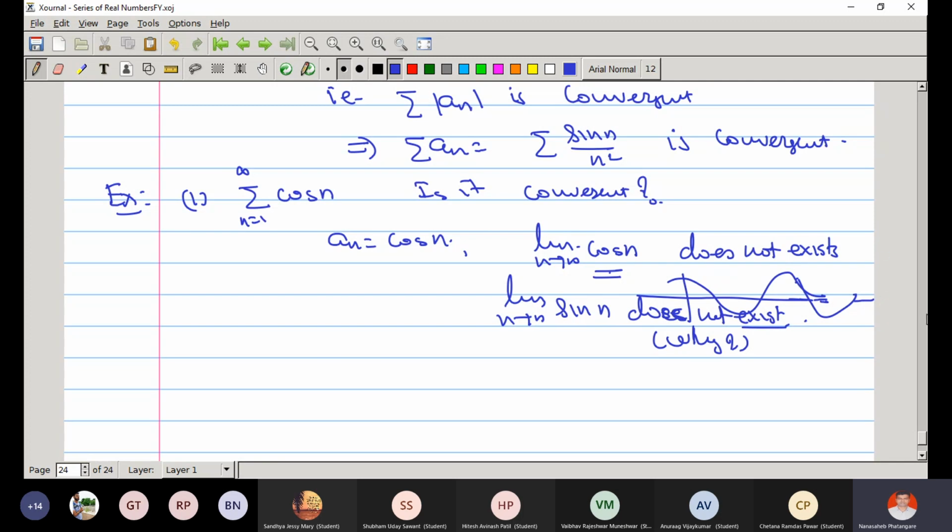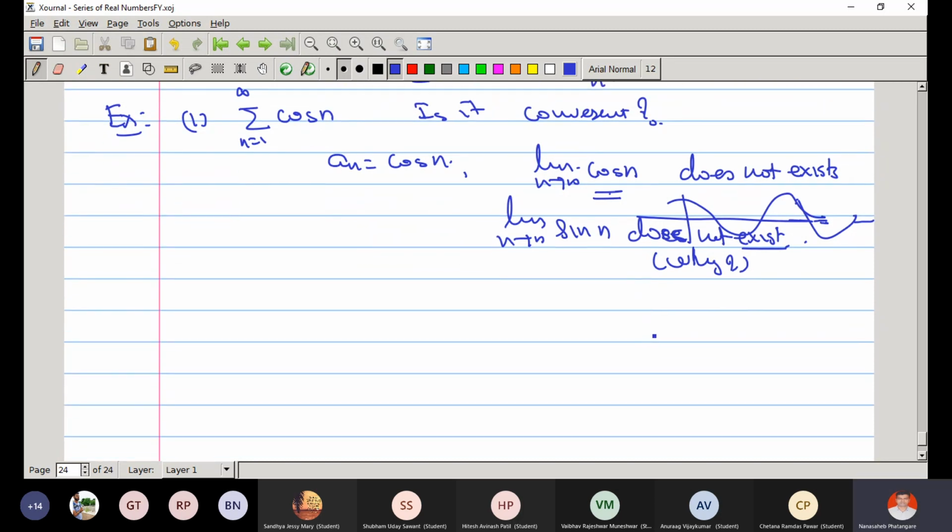The graph goes up and down, so the corresponding values of sine n and cos n are also oscillating. So the limit does not exist, and therefore, if the limit of an does not exist, what can you say about the series of an? It is divergent.